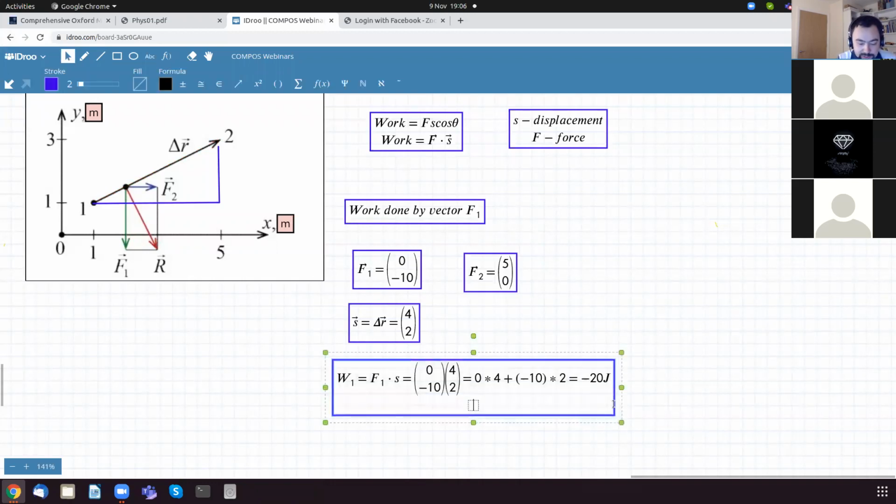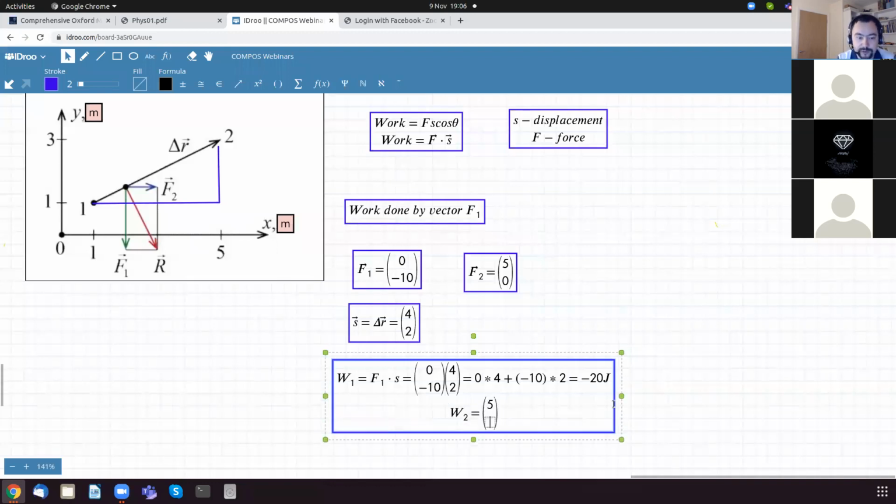So W2 is equal to (5, 0) multiplied by (4, 2). This is not a typical way of finding the work, but it just shows you the link.